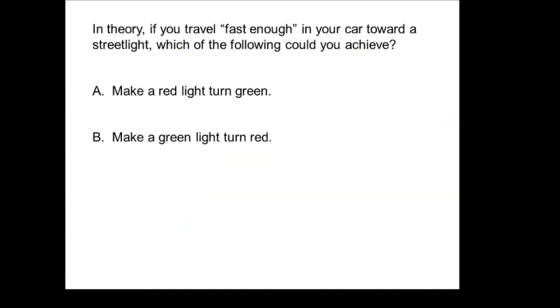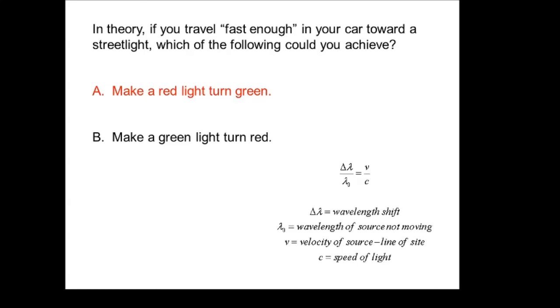All right, so one question to wrap it up here. In theory, if you travel fast enough in your car toward a street light, which of the following could you achieve? Okay, think about that for a moment. All right, lots and lots of people saying A, and A is good.